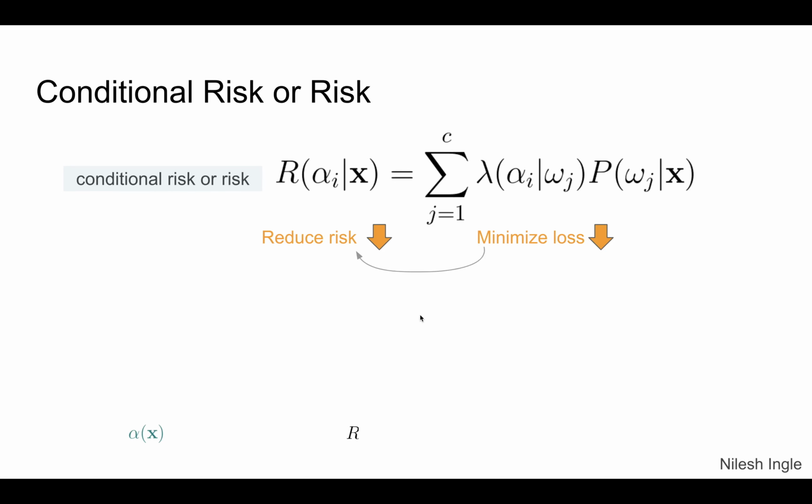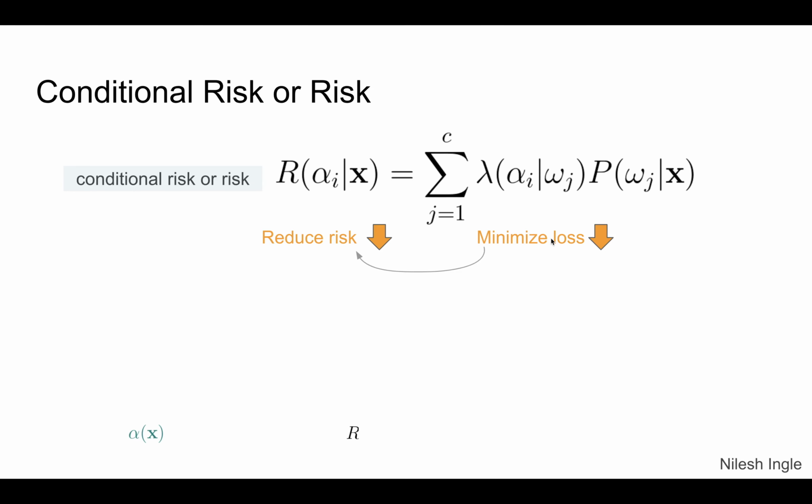Now the risk: using the loss that we have, we can calculate the risk. If we multiply the value of loss with the posterior probability and add them up for all the classes, so in the vegetable example we have just two classes, carrot and turnip, so j equals 1 to 2, c equals 2, that will give us the value for risk.